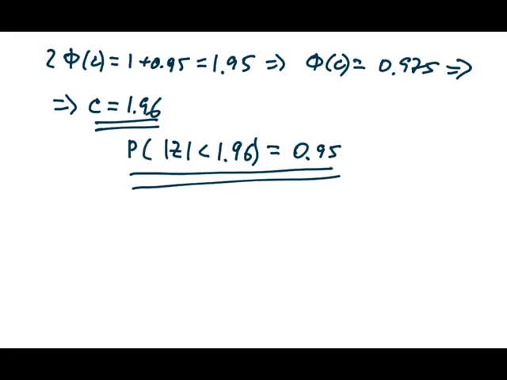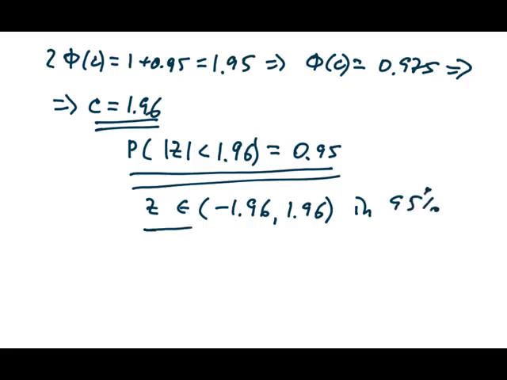This means that if we make a measurement of z and get the value of z many times, then in 95 cases out of 100 the value of z will be in this interval, minus 1.96 to 1.96, in 95% of cases. So although z can have any value from minus infinity to plus infinity, in 95% of cases z will be in this interval.